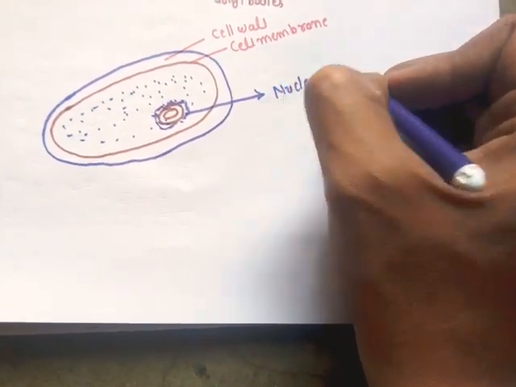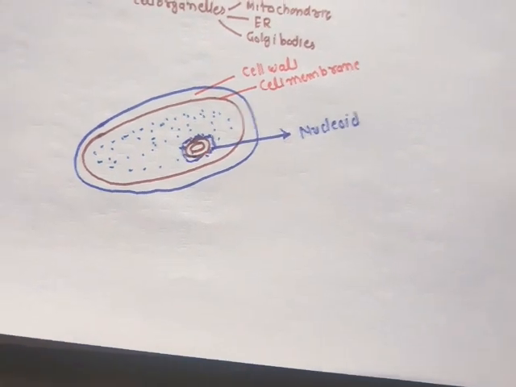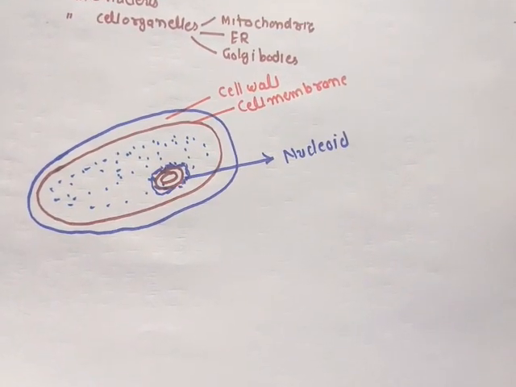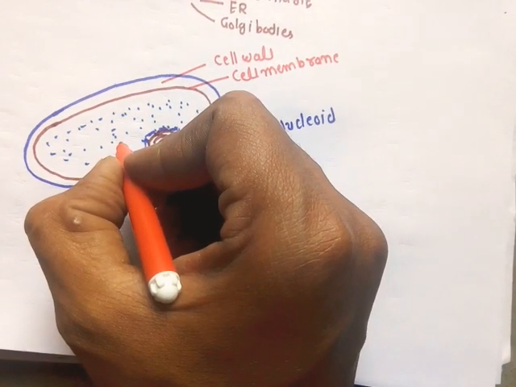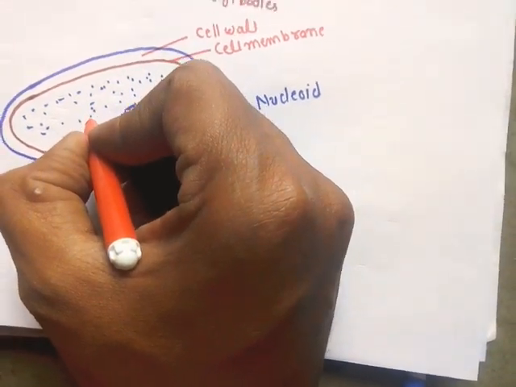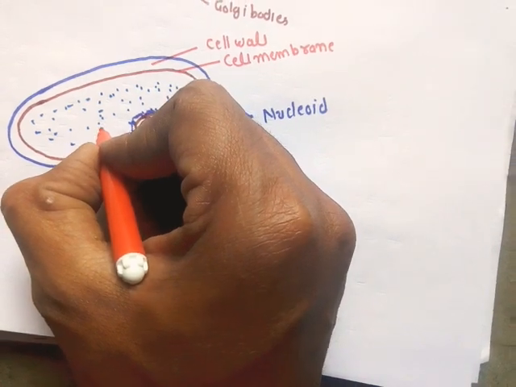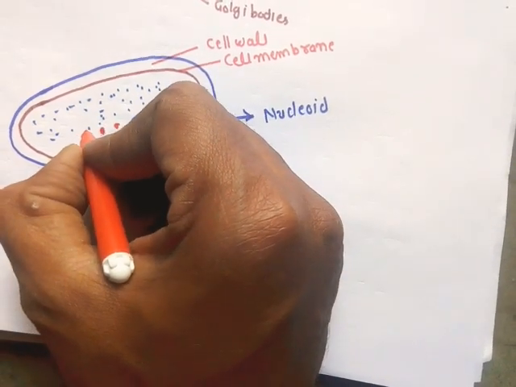So prokaryotic cells don't have a nucleus, but they have a certain region of cytoplasm that contains the DNA, called the nucleoid. Prokaryotic cells lack membrane-bound cell organelles, but one cell organelle that is not membrane bound is the ribosome. Ribosomes are made up of proteins and RNA.